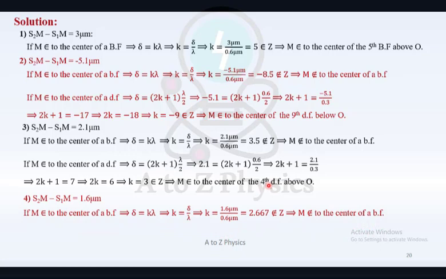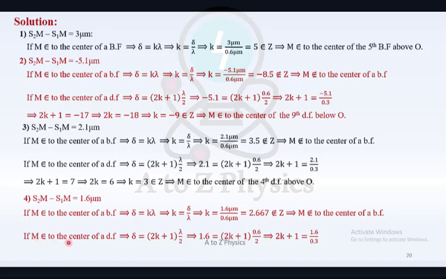4. S2M minus S1M equal 1.6 micrometer. If M belongs to the center of a bright fringe, then delta should be equal to k lambda. We find that k equal 2.67, which doesn't belong to Z, so M doesn't belong to the center of a bright fringe.